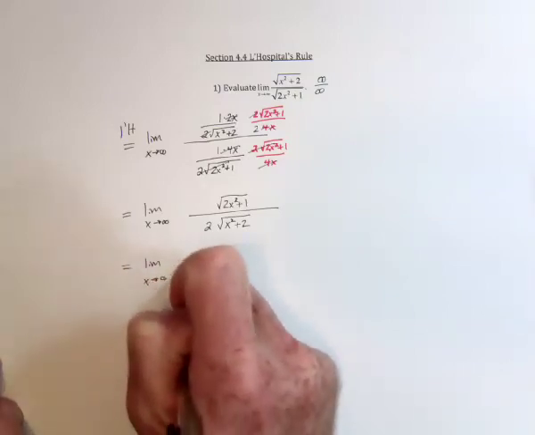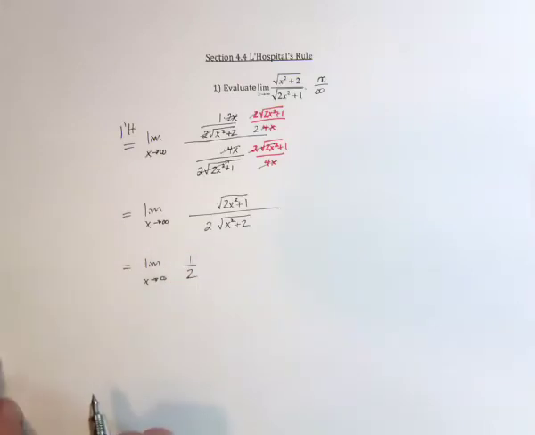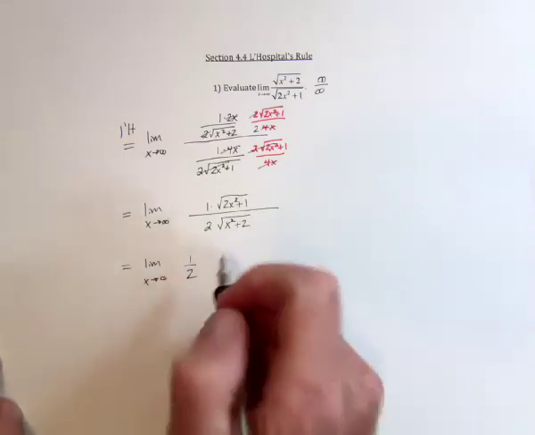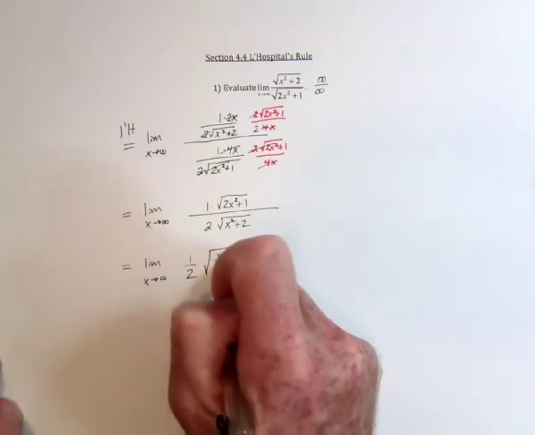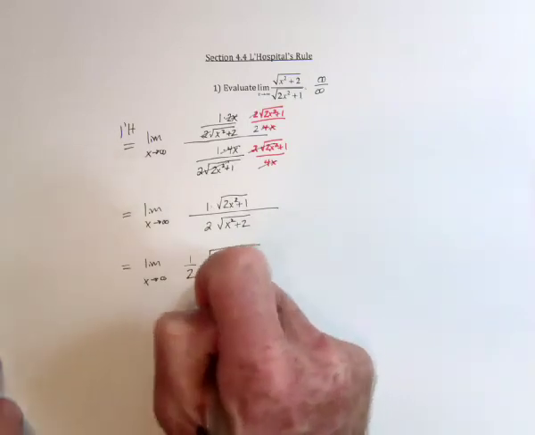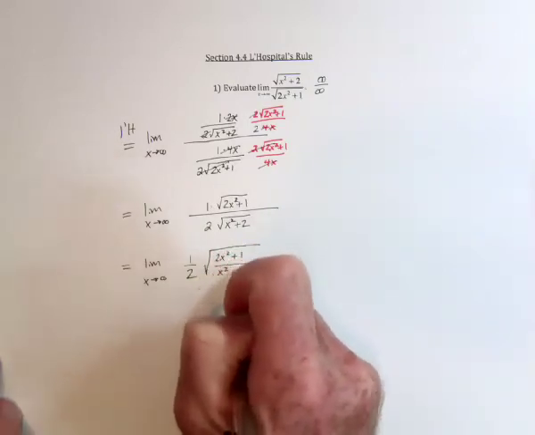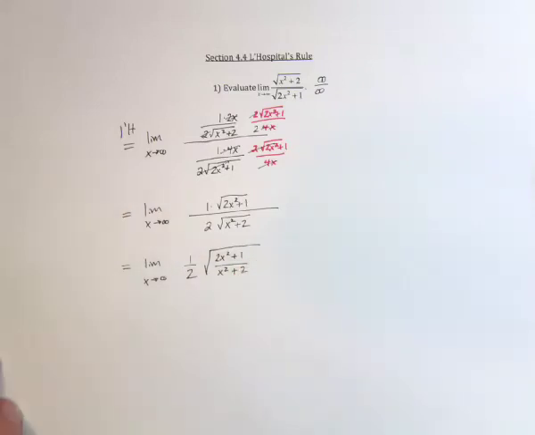like for example, the 1/2, just move it off to the side for a moment. And then since both of these are in radicals, you can make it one big radical of a fraction, 2x squared plus 1 divided by x squared plus 2.